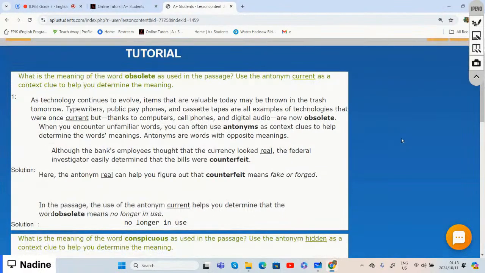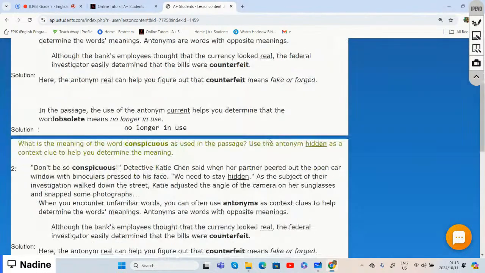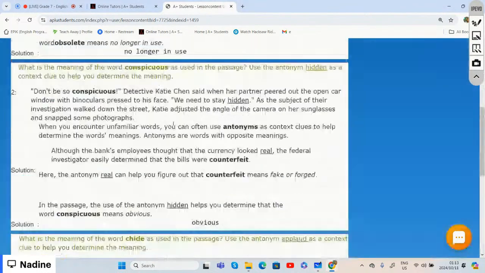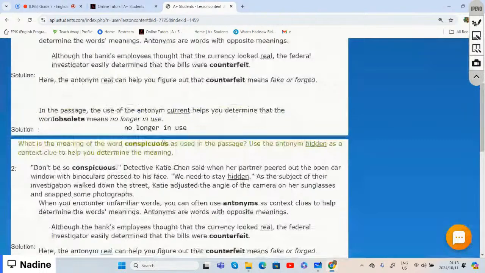It says, remember we said that context clues means that if you don't know a word within a sentence, then you can use the antonyms within that specific sentence as context clues to help you determine the meaning of those words.